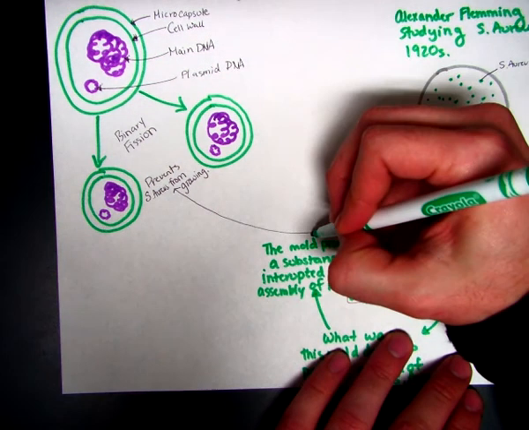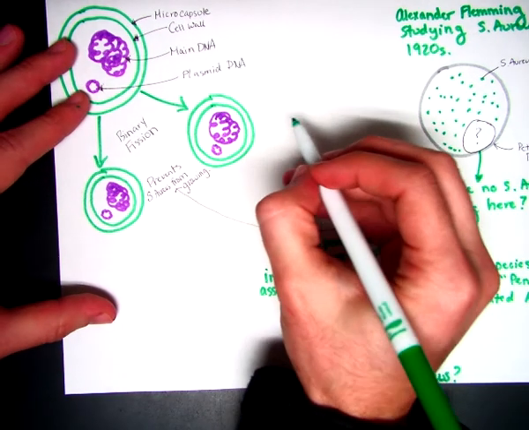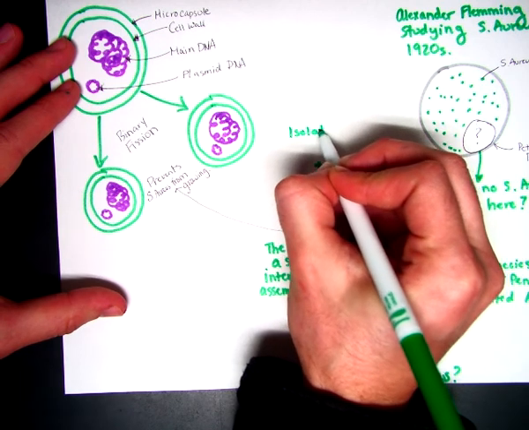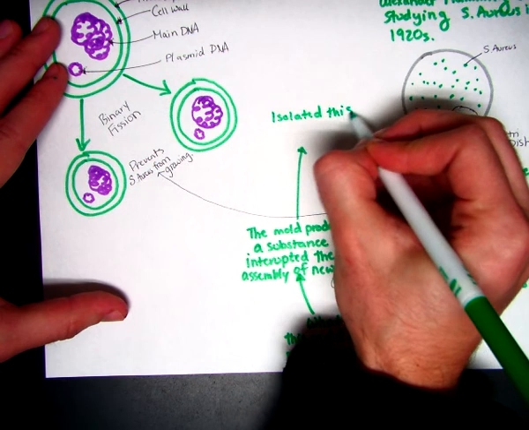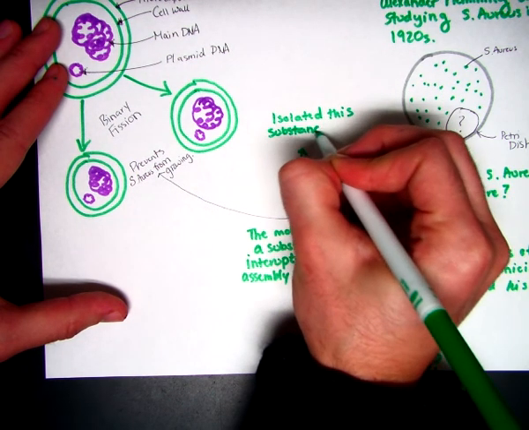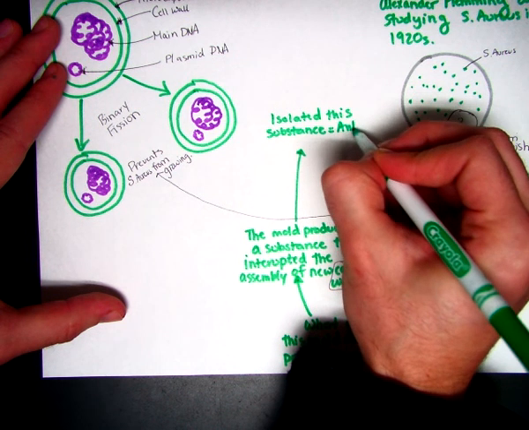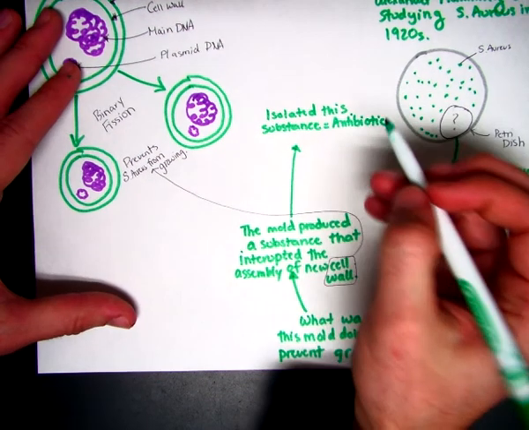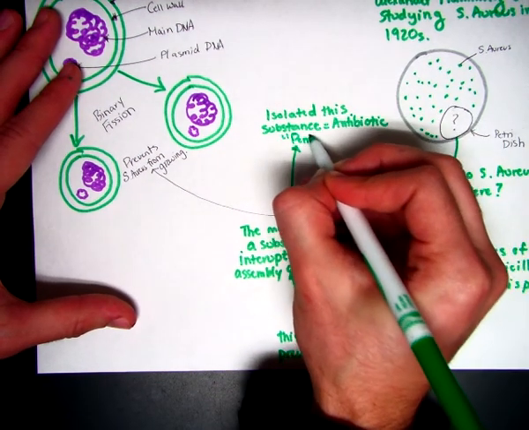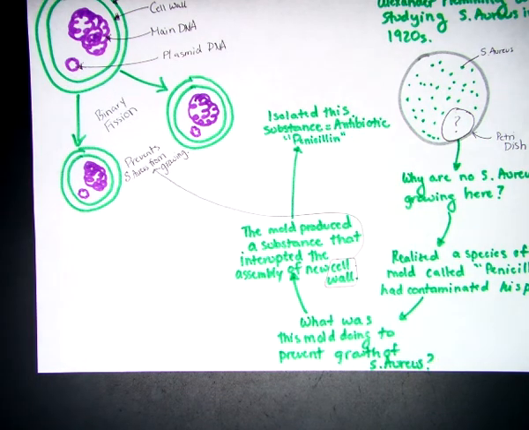And so what they did, they isolated, meaning they took it out, this substance, and called it an antibiotic with the specific name of penicillin. Because it was an antibiotic, which means it kills bacteria, derived from the species of mold called penicillin.